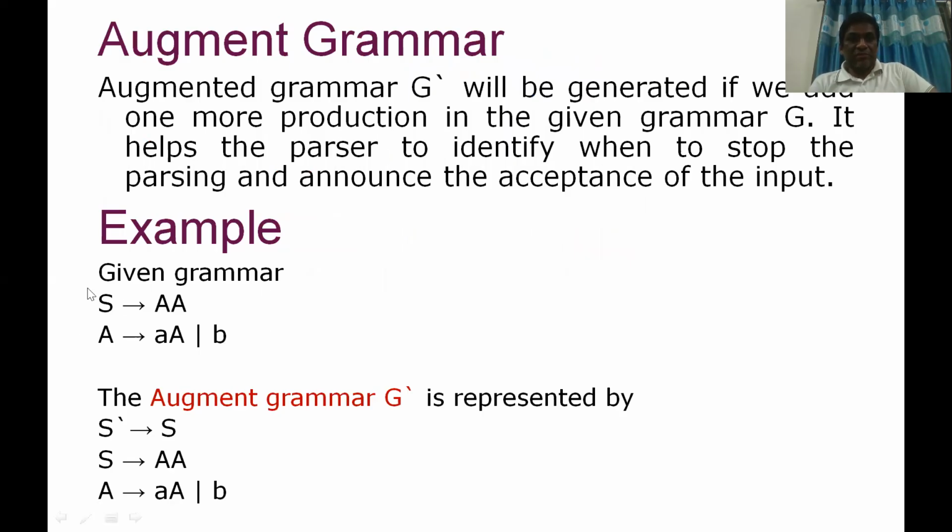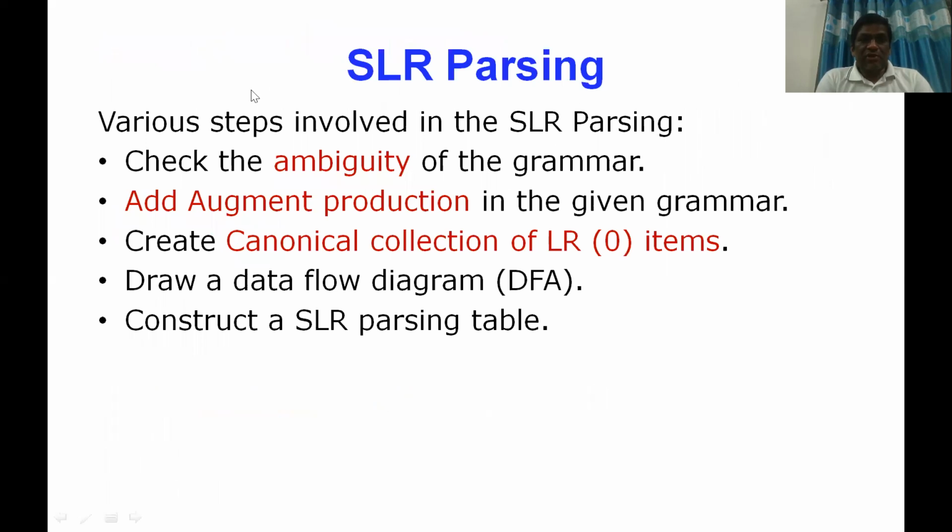Say this is the grammar. This is an example grammar I am considering. S implies capital A, capital A. Capital A implies small a, capital A, or d. Now, what is our first step? Ambiguity of the grammar.